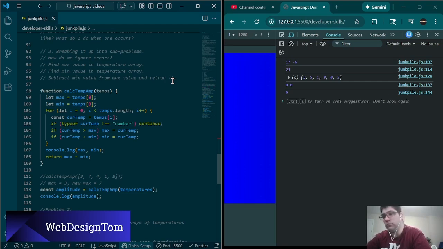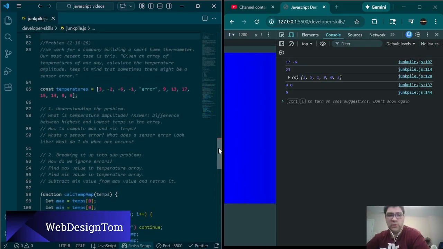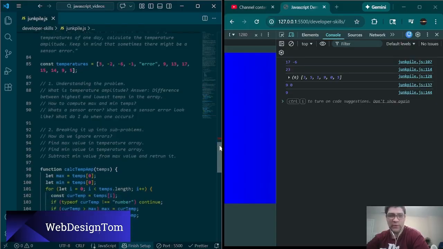He went and Googled, first of all, what is amplitude? What is temperature amplitude? And this is how we came up with the answer. Well, he told us, but then he showed us how to Google it.